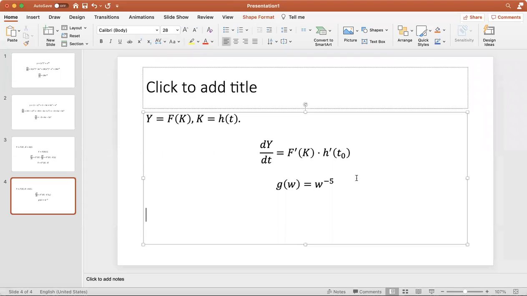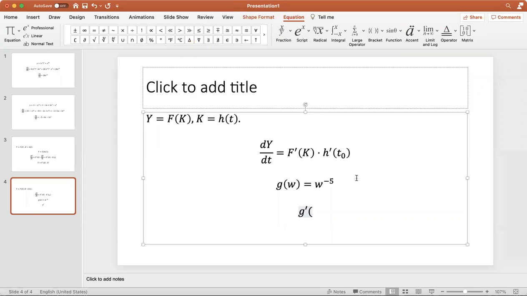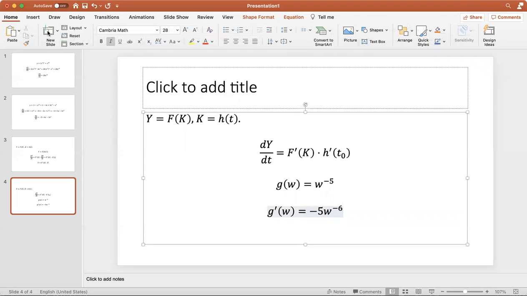Pretty straightforward. So g prime of w will just be negative 5 w to the power of negative 5 minus 1, that's going to be negative 6. Straightforward answer.